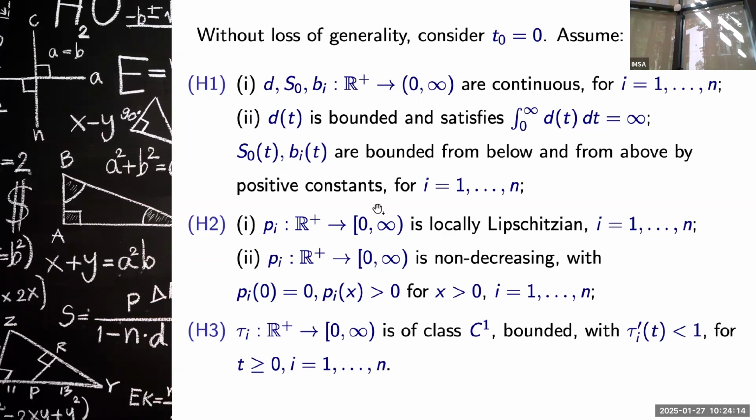So we have a more general hypothesis in order to include more different types. We also have some hypotheses concerning our delay. Here you can see we need our delay to be differentiable because the derivative of this time-dependent delay appears in our model.